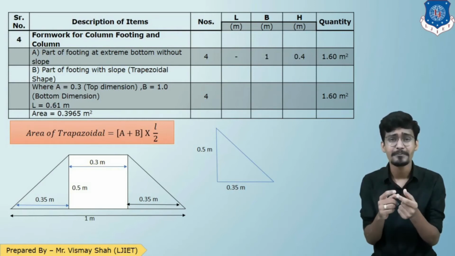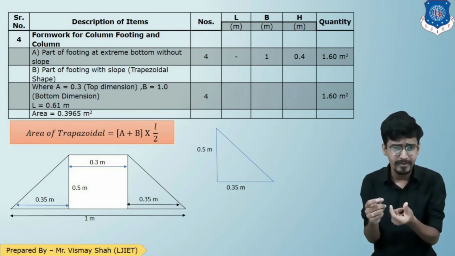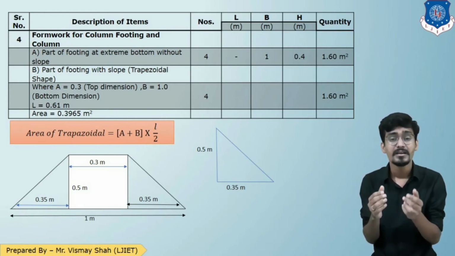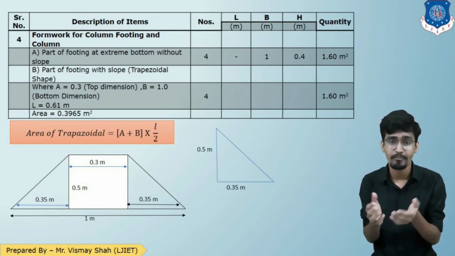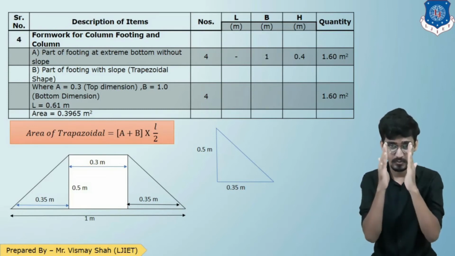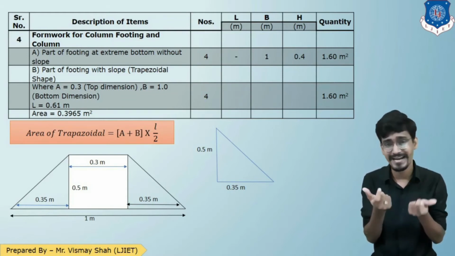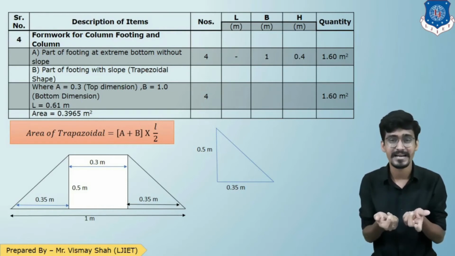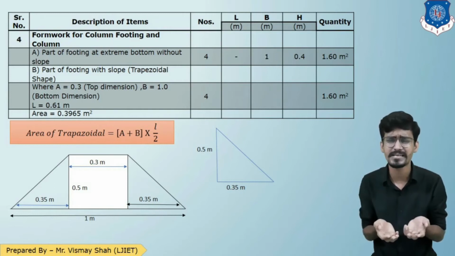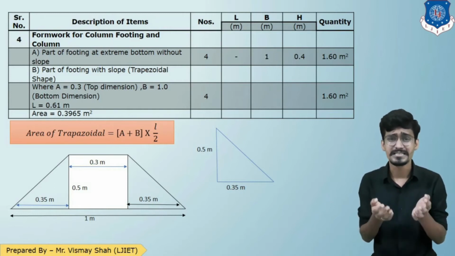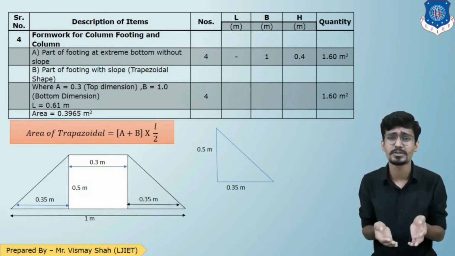Now, if I apply this 0.3 meter at 1 meter level line, the remaining portion will be 1 minus 0.3, 0.7. Now, this vertical line which I have drawn, it is divided into 2 triangles. So 0.35 this side and 0.35 this side. So we get a right angle triangle, and by the Pythagoras theorem, we can get the slant length. So slant length will be L equals 0.61 meter.